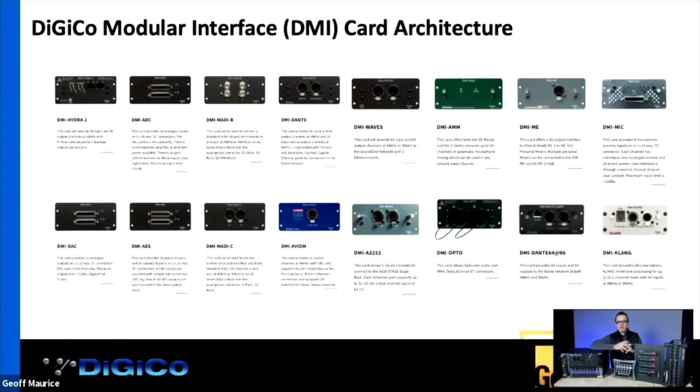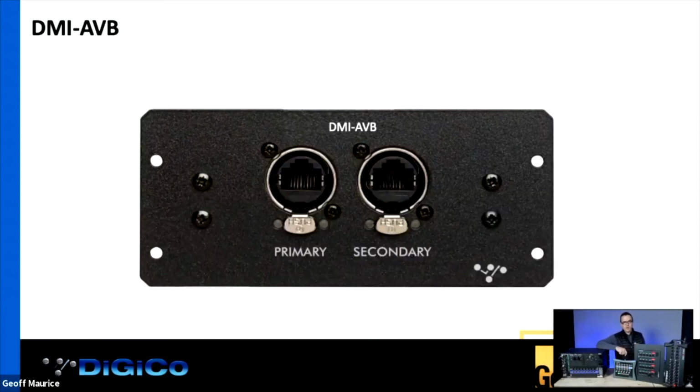Not all of these make sense; some of these aren't necessarily ever going to go on a frame like this, but our world as far as these DMI cards is growing, and one of the things coming next is a DMI AVB card. So the next introduction you'll see is something along these lines, maybe not exactly called this, but very much like this.